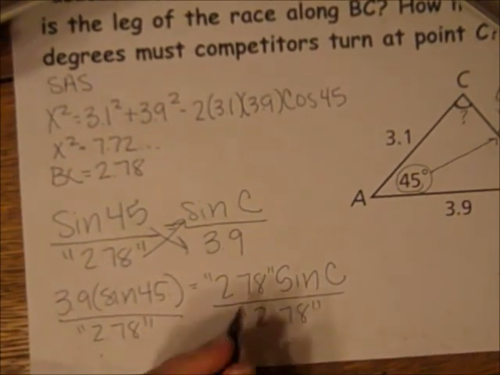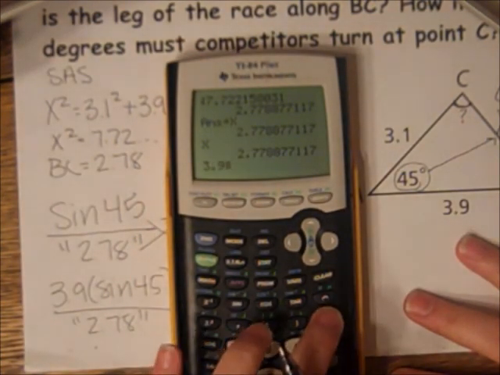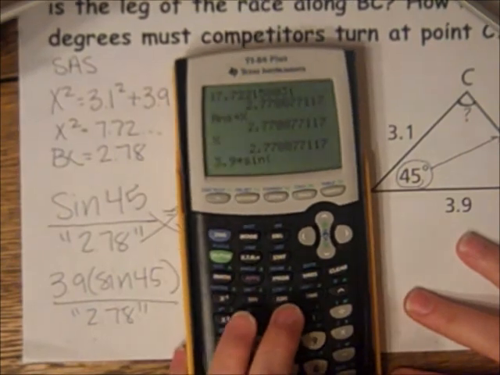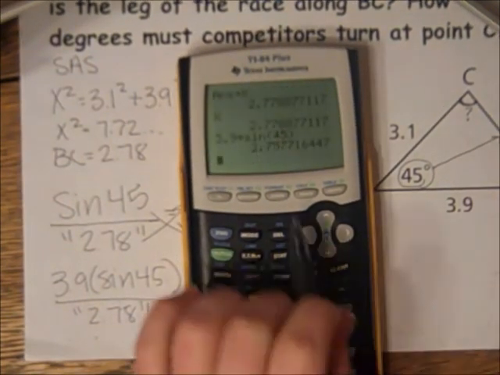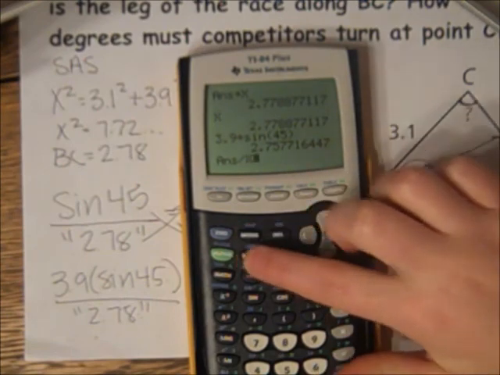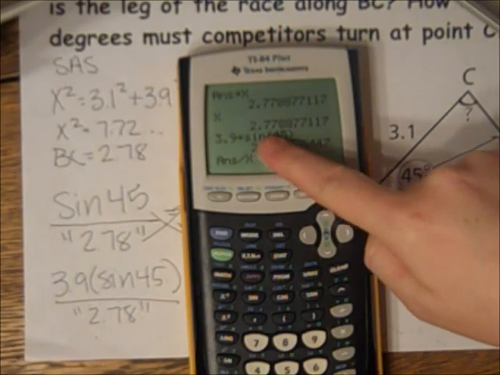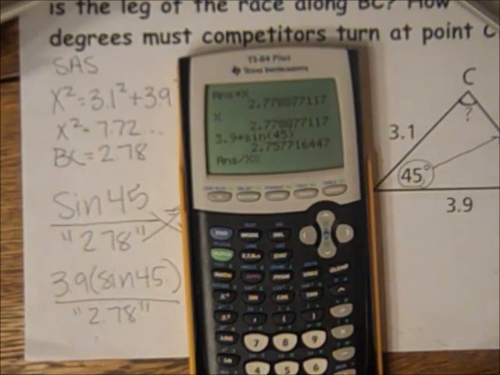Okay, and I'm going to type this in right now. So 3.9 times the sine of 45, and I get this long number, and I'm going to divide that by x, because remember, my calculator thinks x is 2.7788 and so on.